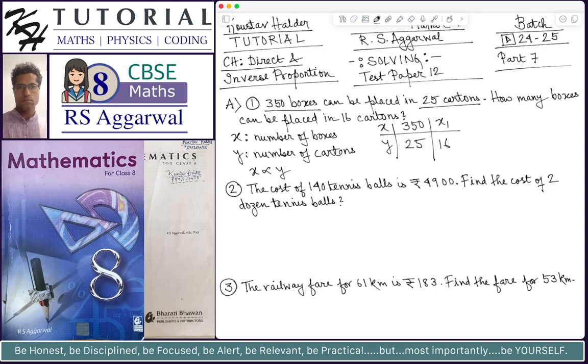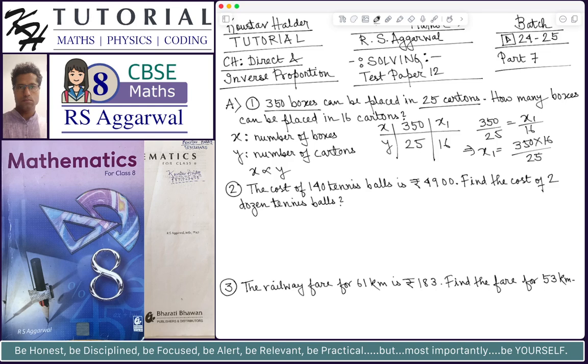So we have this table, and applying the formula for two quantities x and y that vary directly with each other, we know that the ratio of all the corresponding values will be the same. So we must have 350 divided by 25 equal to x1 divided by 16. This implies x1 is equal to 350 multiplied by 16 divided by 25.